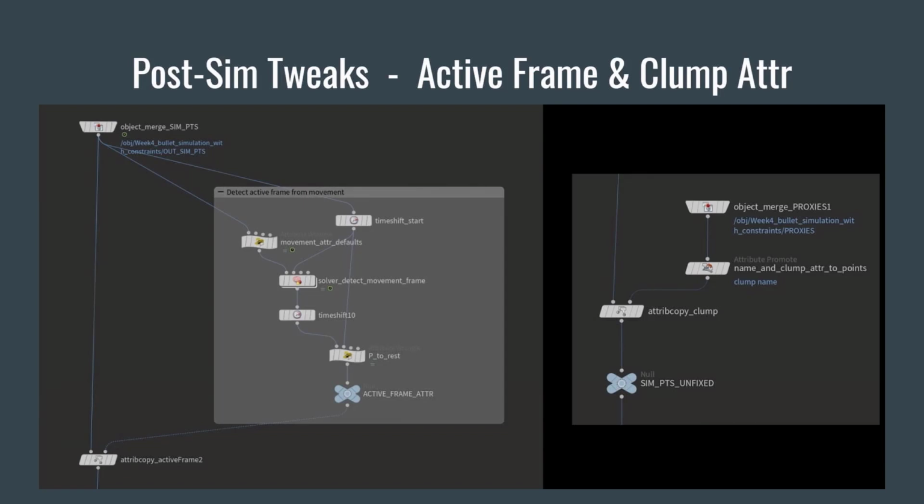And after importing our simulation points, we can use a SOP solver to detect when they start moving. So I'll default all the points to an active frame very large, like 10,000. And then in that SOP solver, as soon as it detects movement from its rest position, then it tags the active frame value.